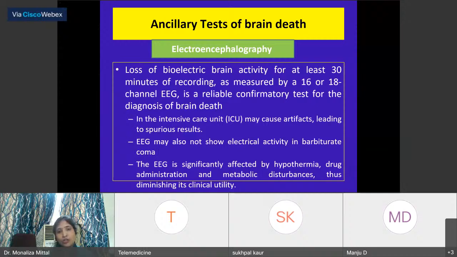EEG may also not show electrical activity in barbiturate coma. Sometimes we induce barbiturate coma, so this will not show any electrical activity. The EEG is significantly affected by hypothermia, drug administration, and metabolic disturbances. So the clinical utility of this test is diminished.